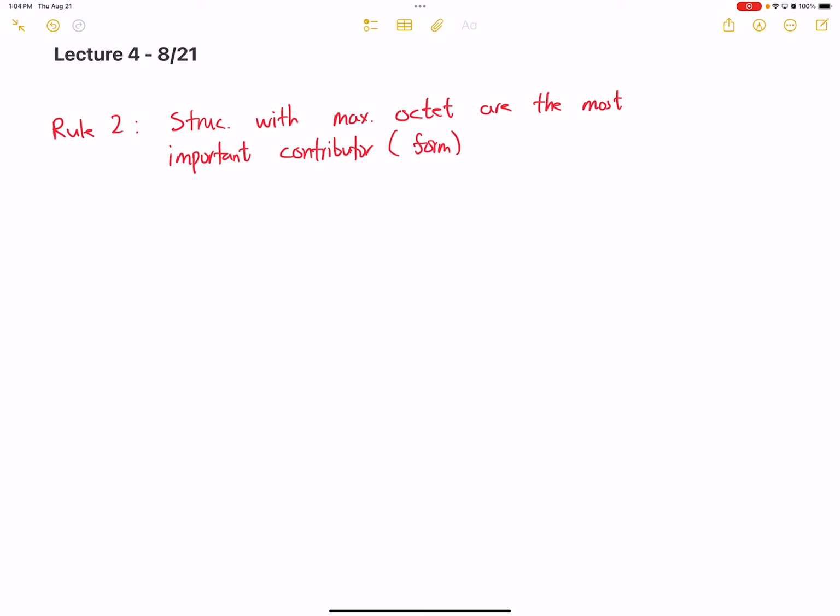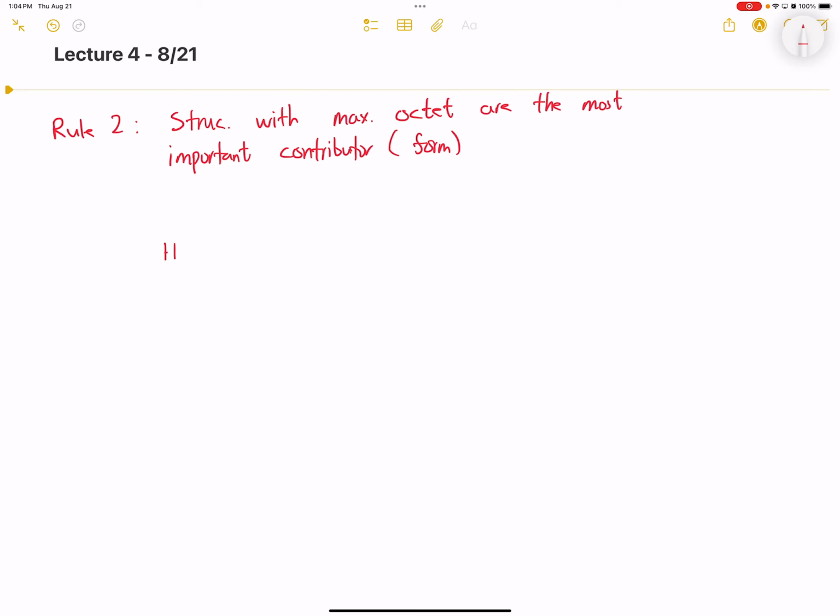Last time we talked about resonance structures. Rule number 2 was the structure with the most octets for atoms. The most octets you have, it typically is the best resonance structure for the molecule.